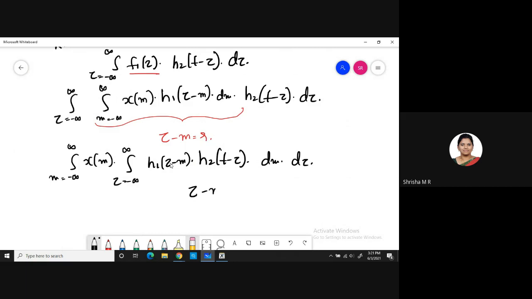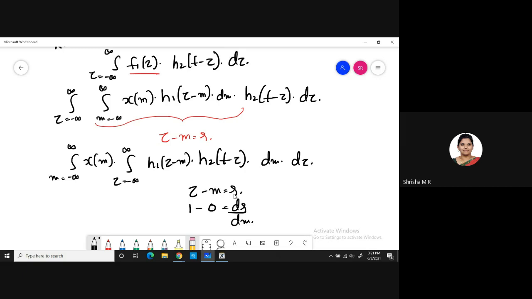So if tau minus m is equal to r, if I differentiate this equation with respect to tau, this will be 1 minus 0, which is equal to dr by d tau. If you differentiate tau with respect to tau, you'll get 1. If you differentiate m with respect to tau, you get 0.